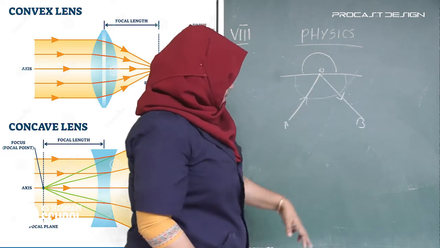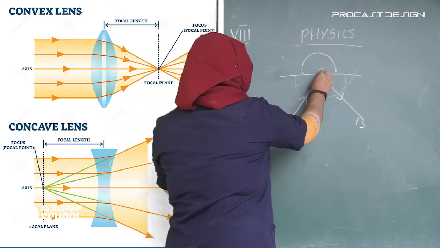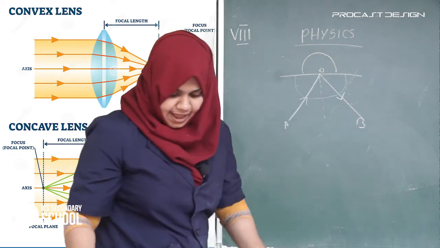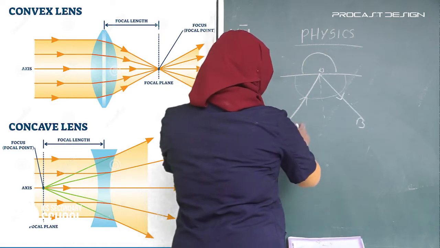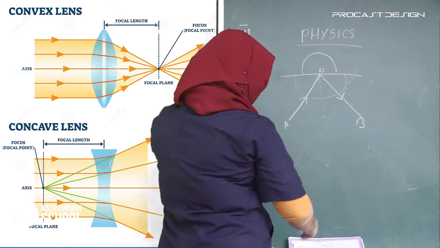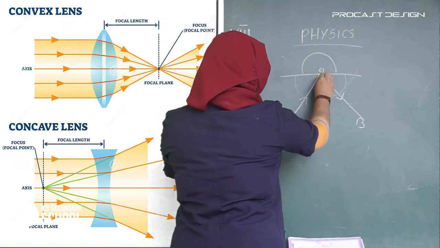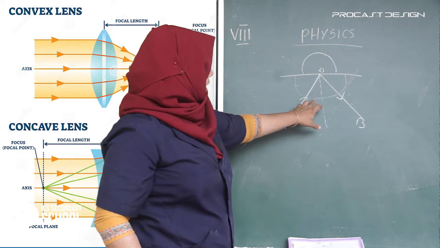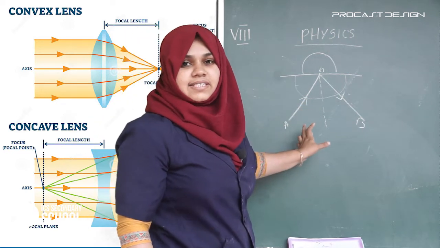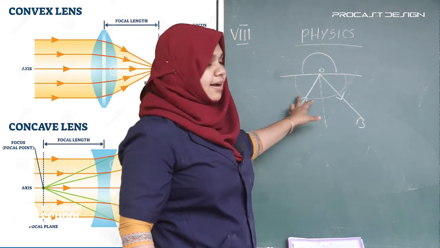AO and OB. Is it? Yes. Next, the angle of incidence, that is angle AOC. Using a protractor, we can measure the angle easily.